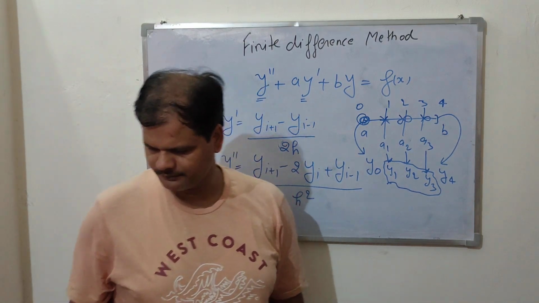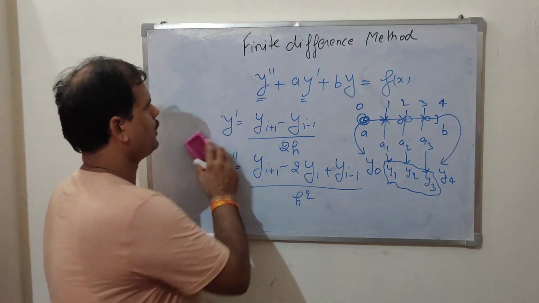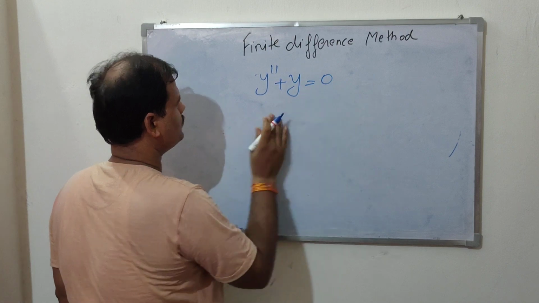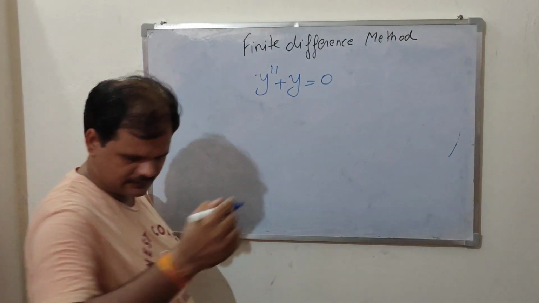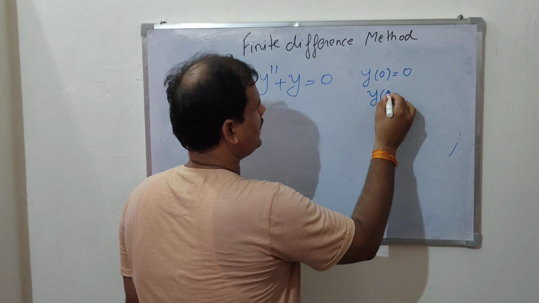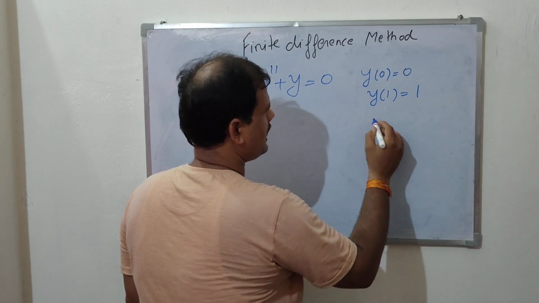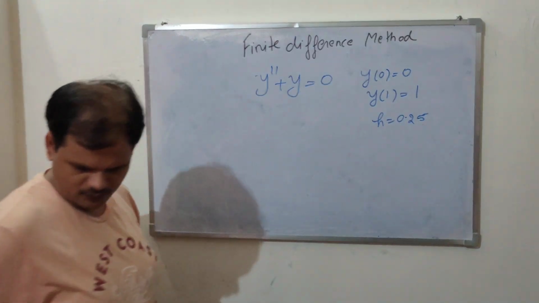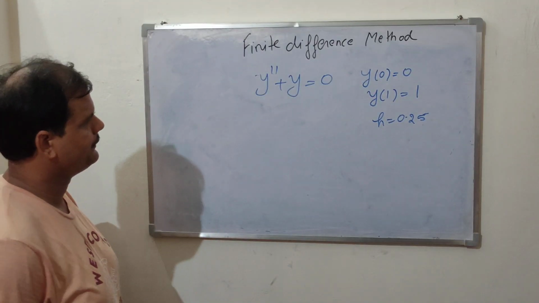Let me take one problem: y double dash plus y equal to 0, with the conditions y0 equal to 0 and y4 equal to 1, and h equal to 0.25.